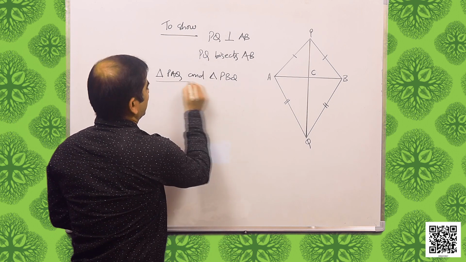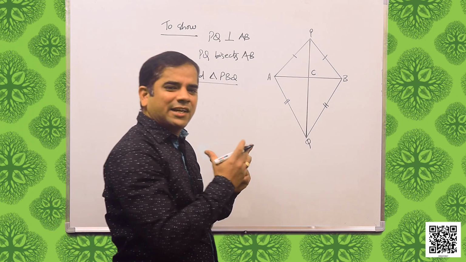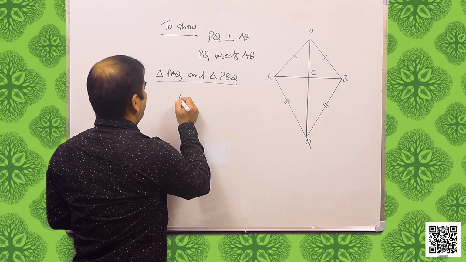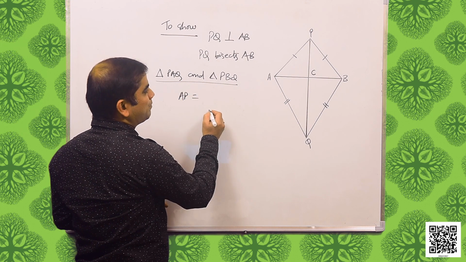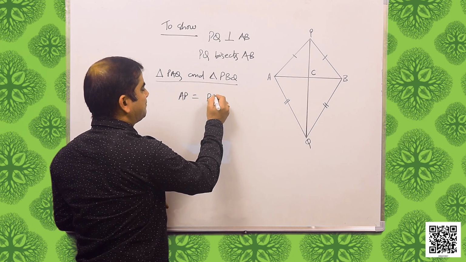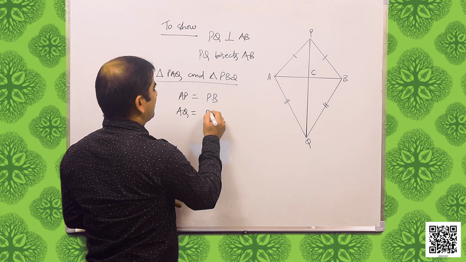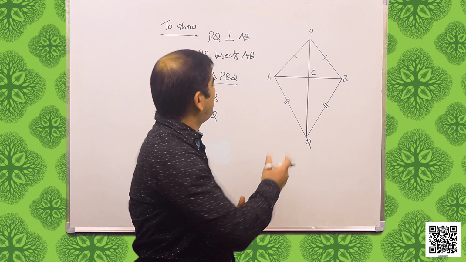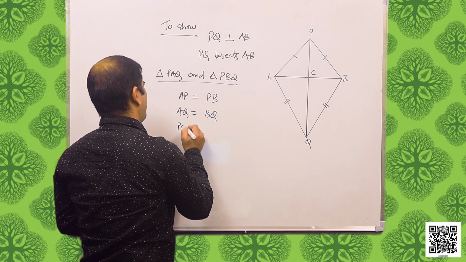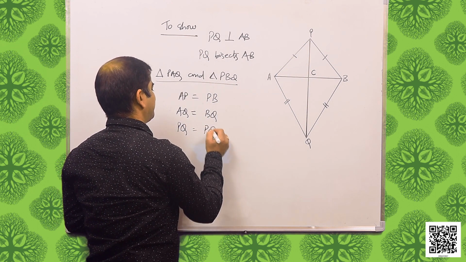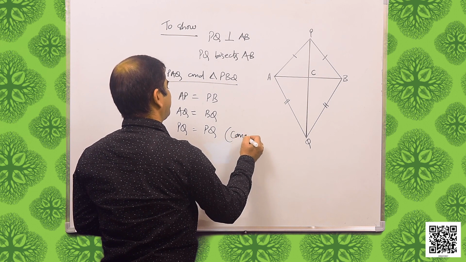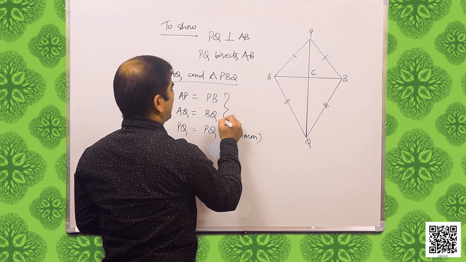In these two triangles, what data do we have? We have AP is equal to PB, AQ is equal to BQ, and PQ is PQ, that is common. These two data are given.